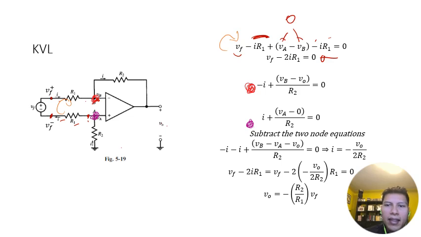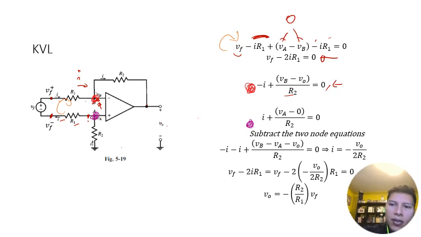And then I can do this nodal equation, which gives me negative I, which is the current coming into here, plus VB minus V out divided by R2 has to be equal to 0.